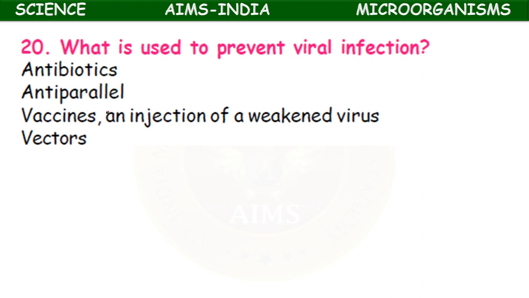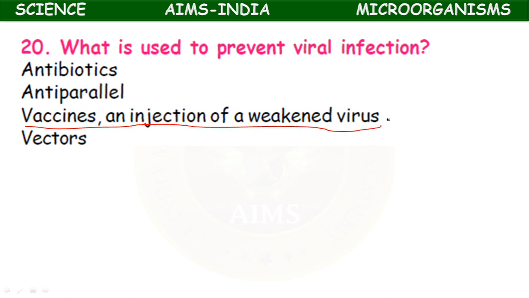Next, what is used to prevent viral infection? Antibiotics, antiparallel, vaccines, an injection of a weakened virus, or vectors. So here the prevention only, viral diseases. Most of the viral diseases there is a prevention. Prevention is better than cure.